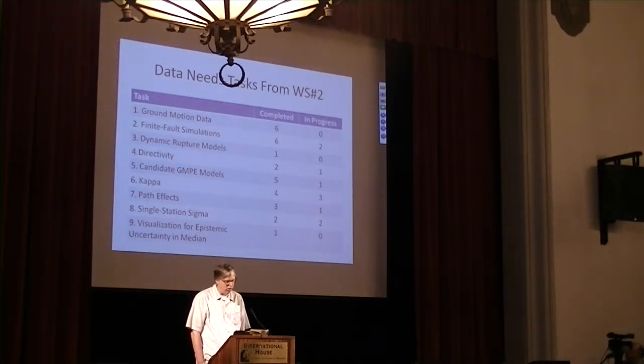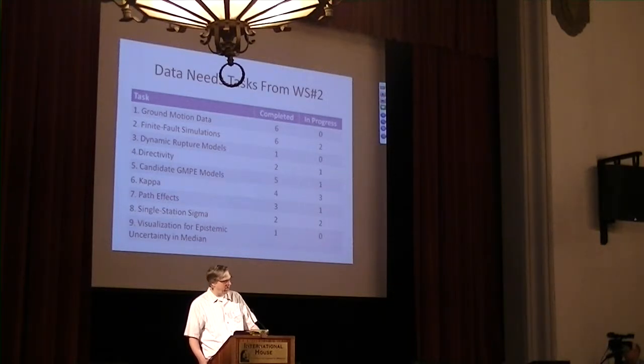Ground motion data, all the tasks have been completed. That work has primarily been done through PEER. This project has had a part where we're doing the work and a part that we have sponsored through universities, both at PEER and at the Southern California Earthquake Center. PEER has handled the collection, compiling, and evaluation of all of the ground motion data.